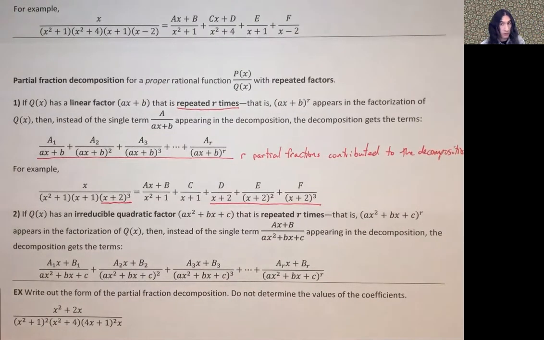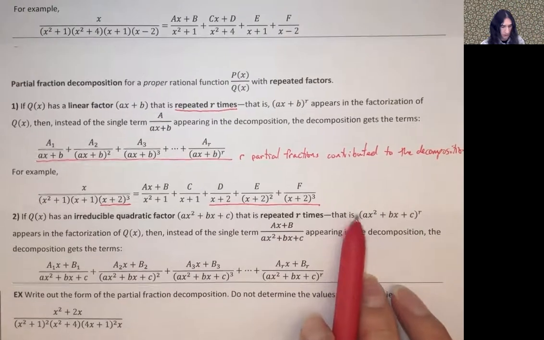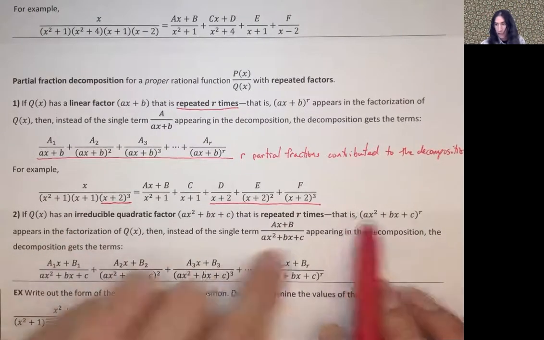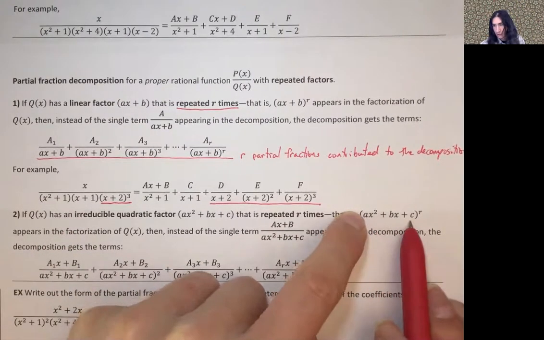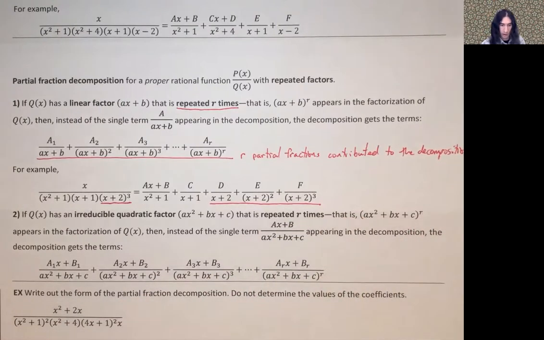The same rule applies for irreducible quadratics that are repeated, so it's very easy to know what to do there as well. So again, a quadratic looks like this, and if it's repeated r times, then it has an r power here, okay? So let's get another color here to underline these guys.